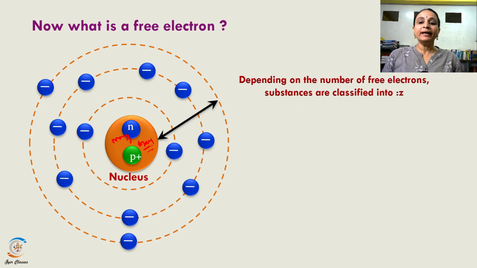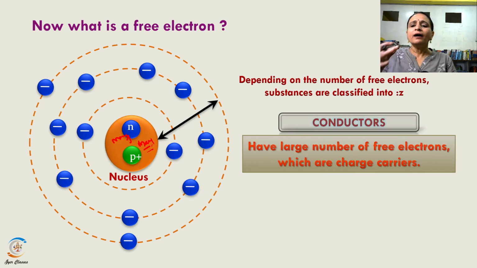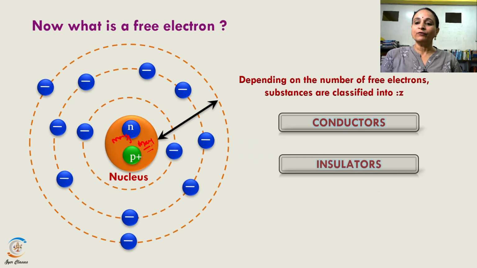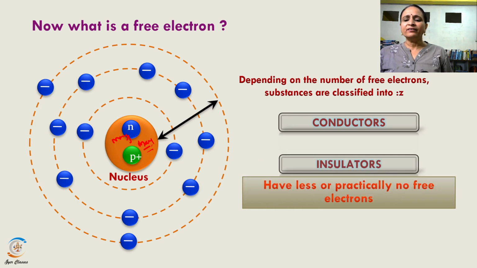Now, depending upon the number of the free electrons, the substances are classified as conductors, which have got a large number of free electrons, which are the charge carriers, right? Then you have got insulators. Now, what are insulators? They practically have no free electrons. कुछ होते हैं लेकिन फिर वो भी एक जगह से दूसरी जगह पर flow करने की capacity नहीं रखते हैं.